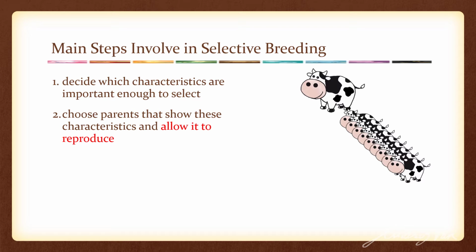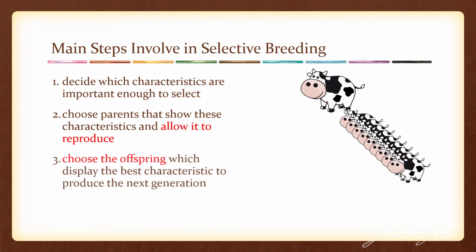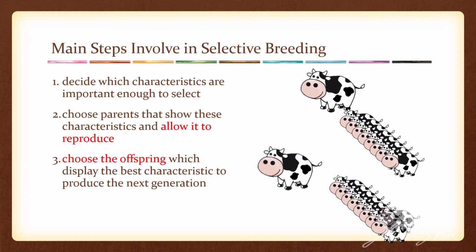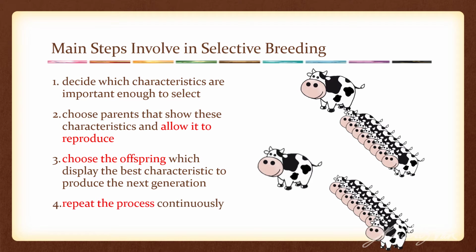So out of all these children, there will be variation. That means some cow will produce more milk than the others. So you pick the offspring that produces the most milk and only allow it to reproduce. Then lastly, you repeat this process continuously.